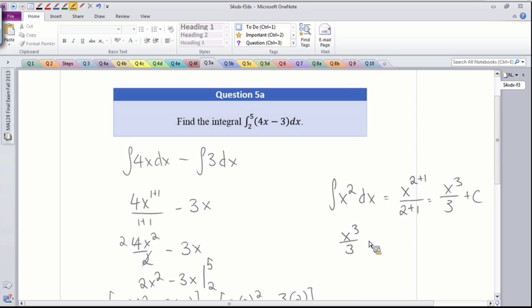We would use the power rule for derivatives: 3 times x squared over 3. So it is the antiderivative.